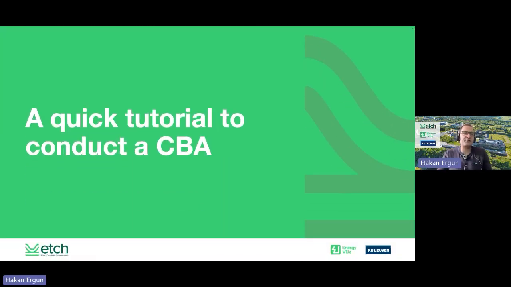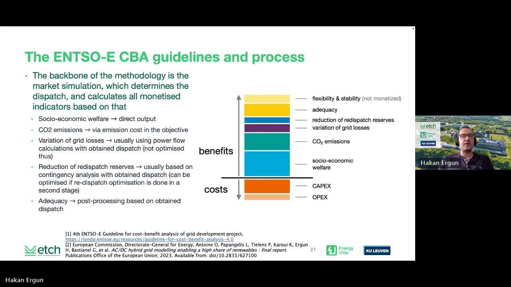So let's try to have a quick example of conducting a cost-benefit analysis using PowerModelsACDC. Here, a quick reminder of the SOC-CBA guidelines and the process. So within the SOC-CBA, we try to monetize social welfare benefits, CO2 emissions, variation of grid losses, reduction of redispatch reserves, and also adequacy needs.